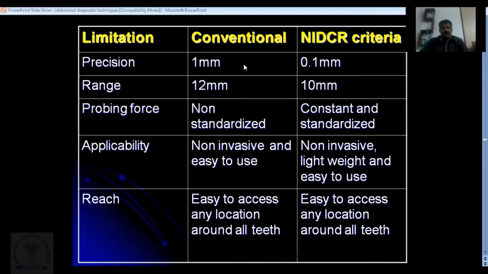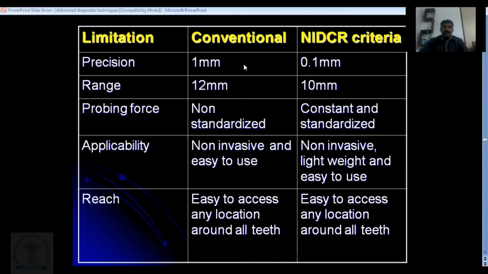The range of conventional probes is 12 millimeters; NIDCR says at least 10 millimeter. Probing force: with conventional probes, whatever force the person probing generates is the force, so it's not standardized. According to NIDCR, the force should be constant and standardized.